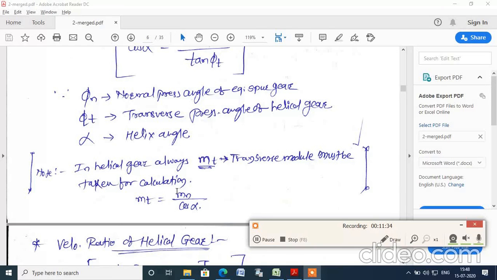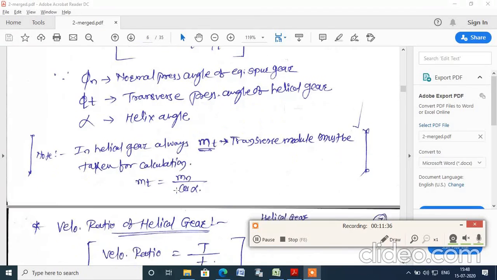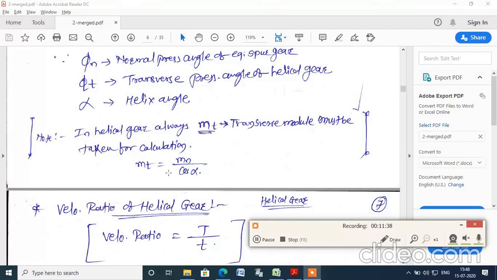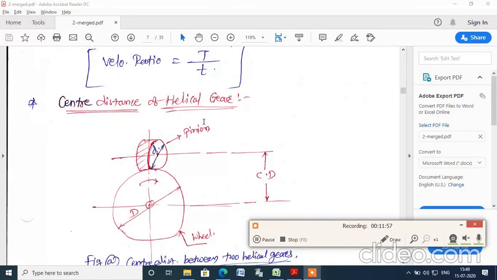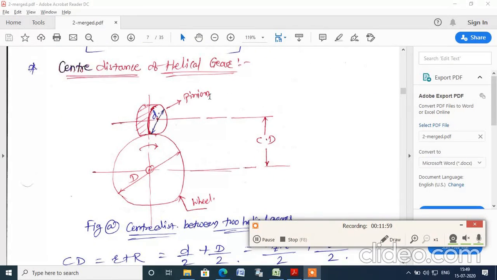This is required for solving the problem, and you have to use this transverse module value for calculation. Now the velocity ratio of helical gear is directly given as the number of teeth on the gear wheel divided by the number of teeth on the pinion. That you know very well. The center distance of helical gear we will see in the next class.